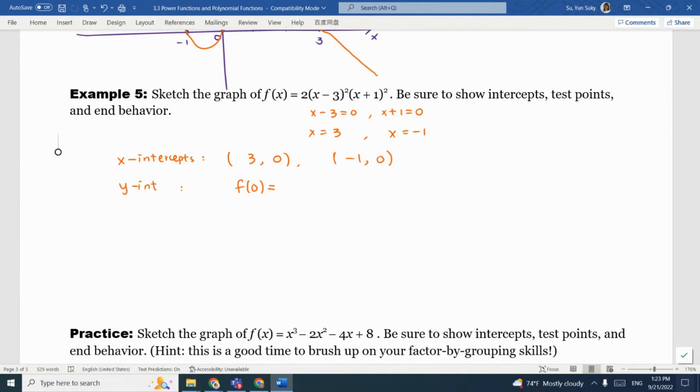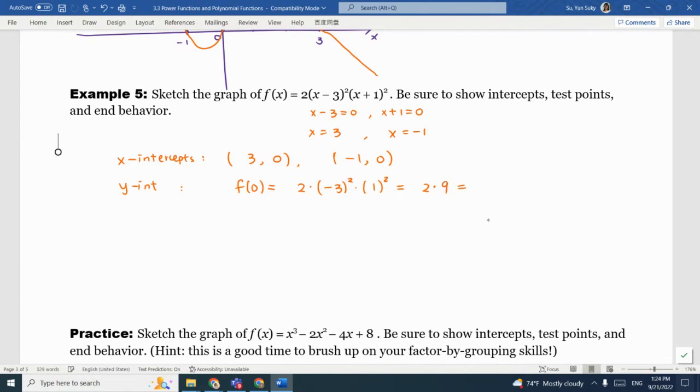To find the y-intercept, we plug in f of 0, that means we plug in x is 0. So we have the 2, then 0 minus 3 squared, so it is -3 squared, and then 0 plus 1, so it's 1 squared. -3 squared is 9, right?